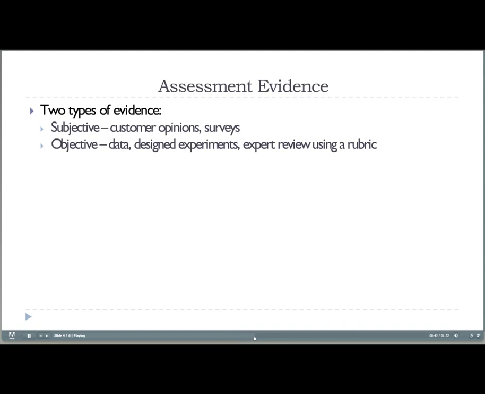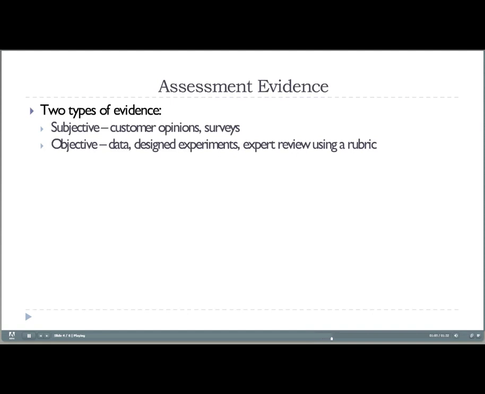And so the second type of evidence is objective. This is based on data, statistics, experimentation, and the use of experts reviewing what they're seeing using a very well thought out rubric.